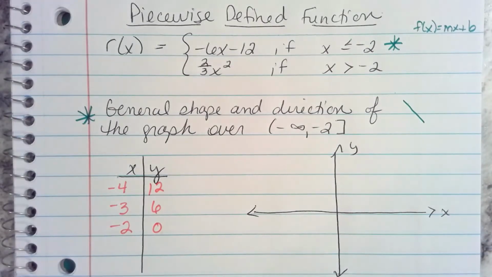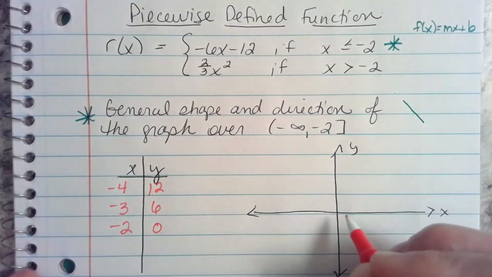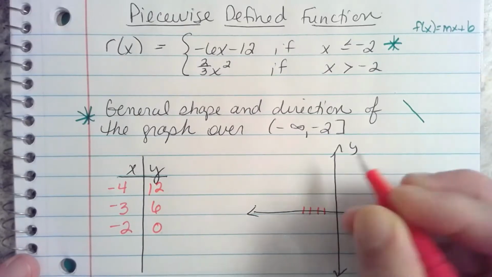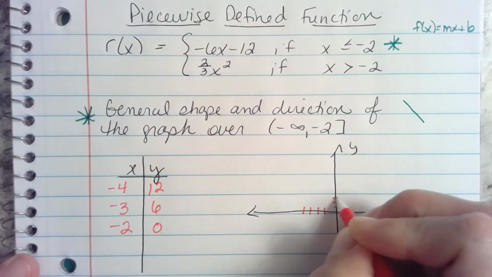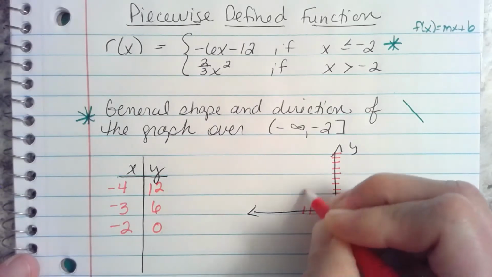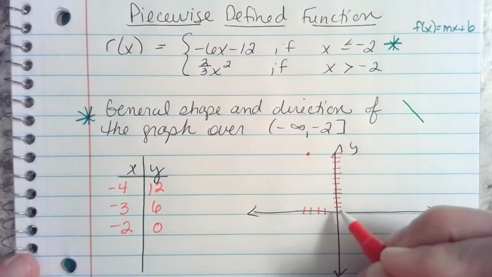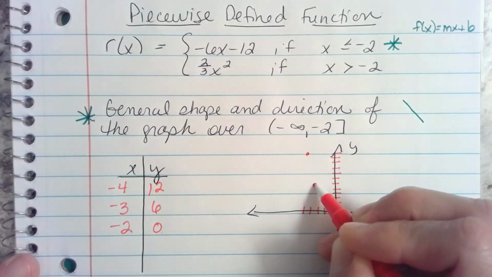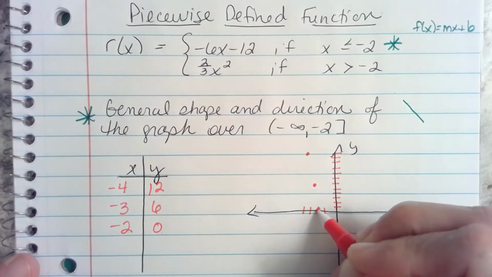So for this part of our graph, I don't know if I can squeeze it all in there, but I'm going to try. So negative 4, 12. Negative 3, 6. And negative 2, 0.